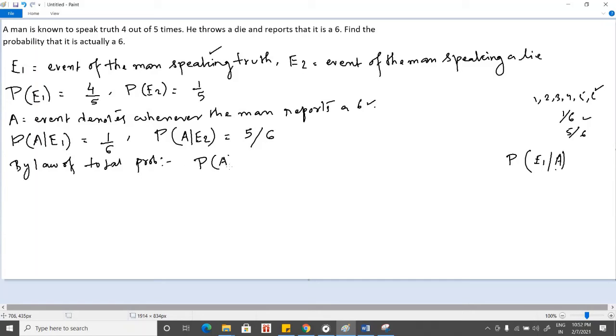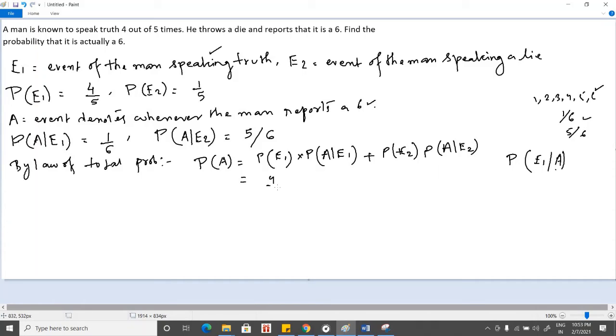We know that by the law of total probability we can write P of A is equal to P of E1 into P of A by E1 plus P of E2 into P of A, considering the hypothesis that E2 has occurred prior to it.